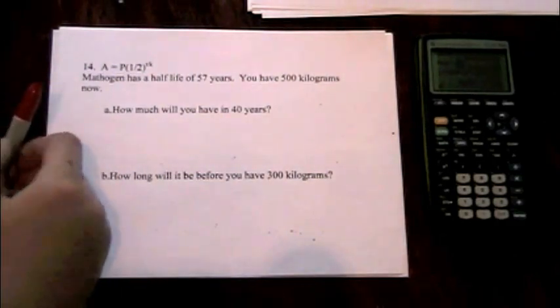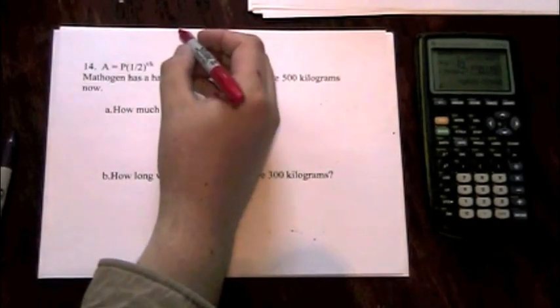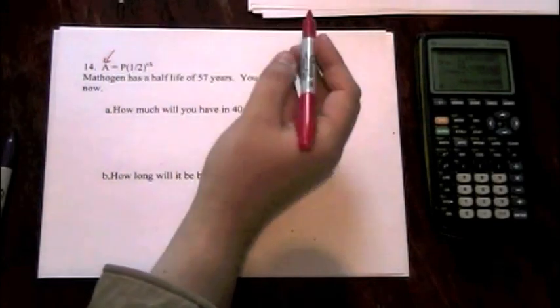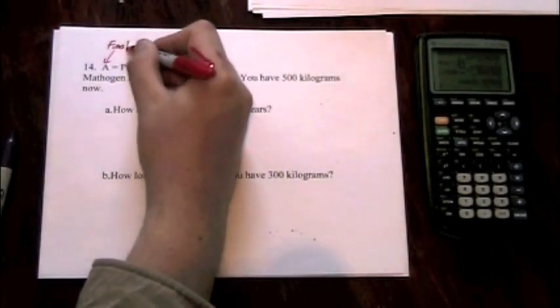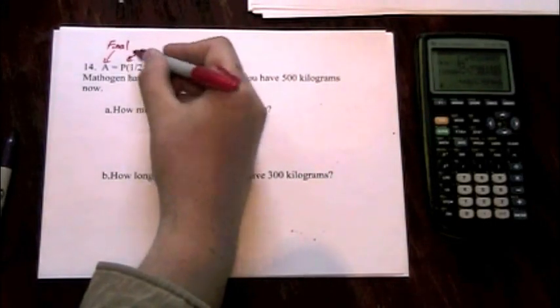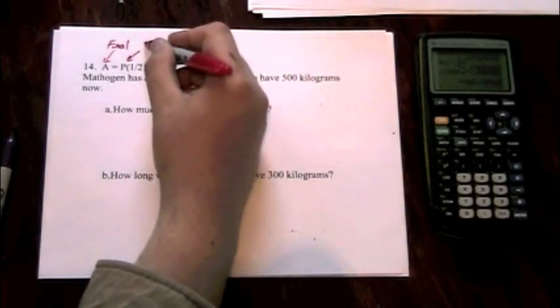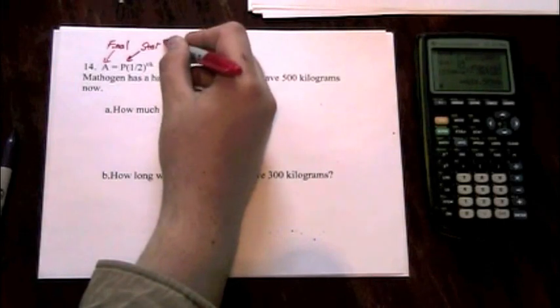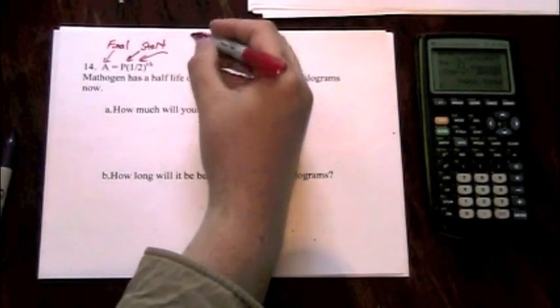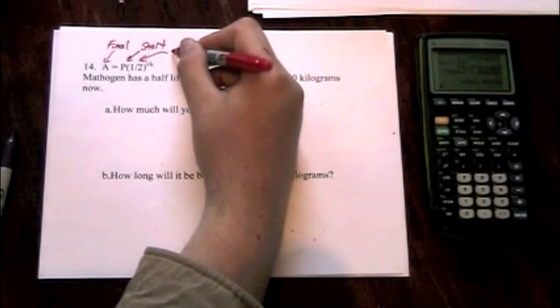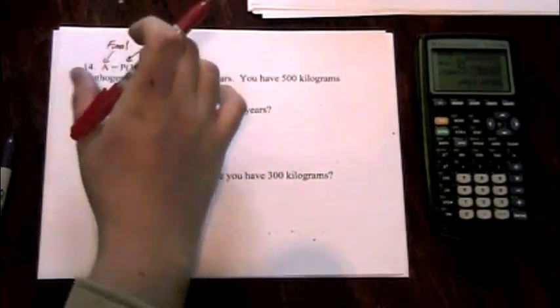Let's talk a little bit about what these different parameters mean. Just like in any financial problem, A is going to be the final amount that you have. P is going to be how much you start with. Your 1/2, this is about half-lives, so that's going to drive this thing to be a decay.